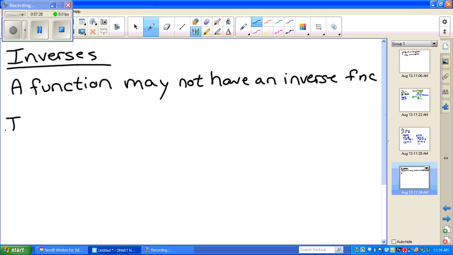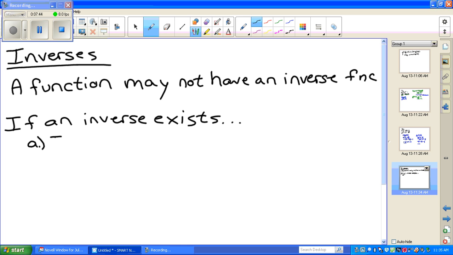If an inverse exists, there are some things that have to happen. Okay, so if the inverse of that function exists, A, it must pass the vertical line test.